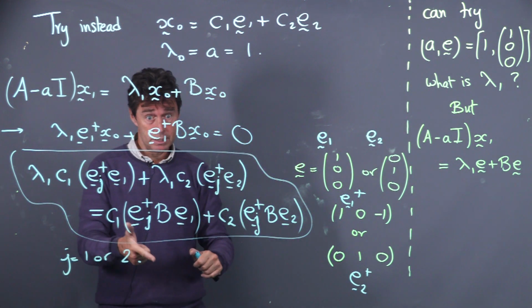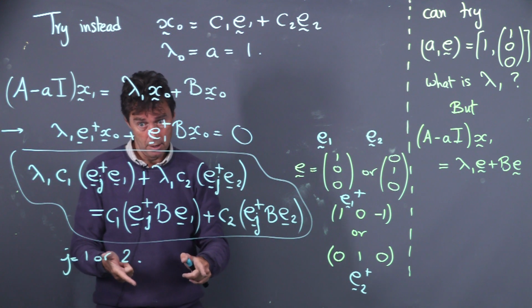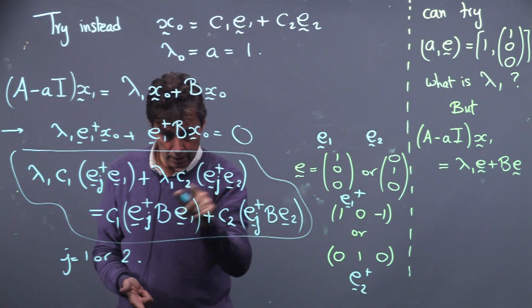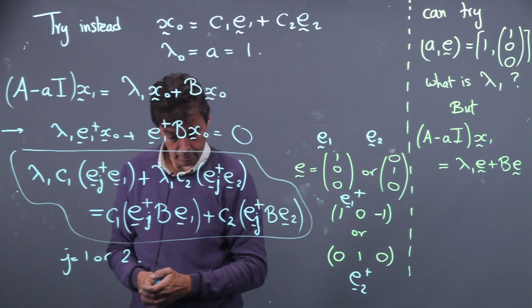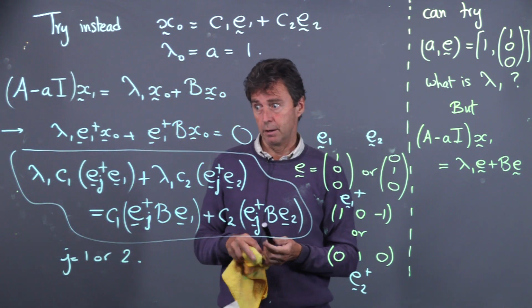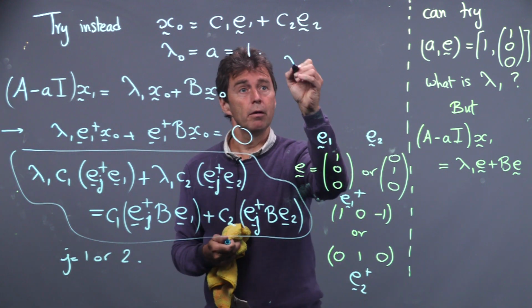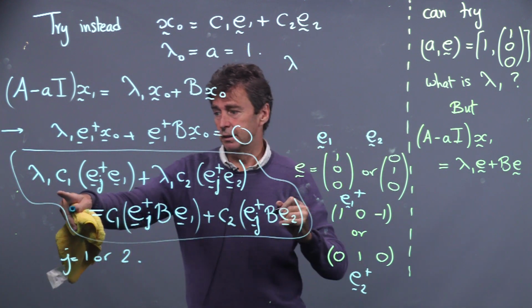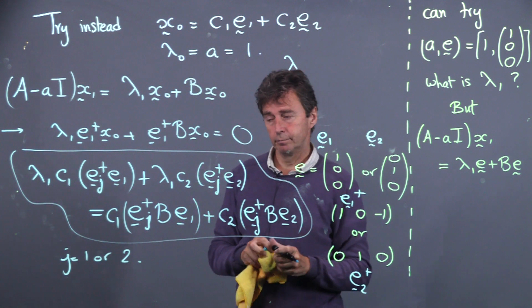I have a C1 and a C2, and I have a lambda 1. And then there's going to be a bunch of numbers in here as well. Well, let's just see what that is. If I think about it, I'm going to have a lambda 1, there's a C1 and a C2.